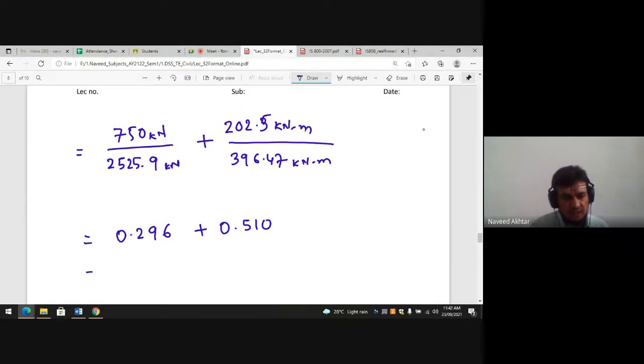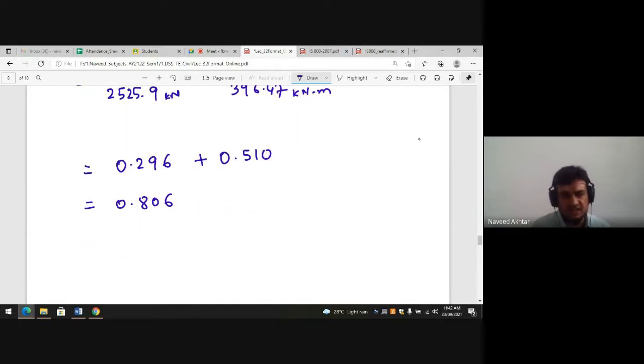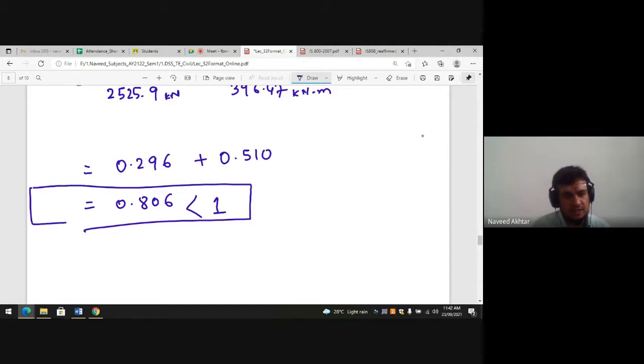If I add this to 0.296 plus 0.510, it is coming 0.806, which is less than 1. So it means that our N upon ND plus MZ upon MDZ is 0.806, which is less than 1.